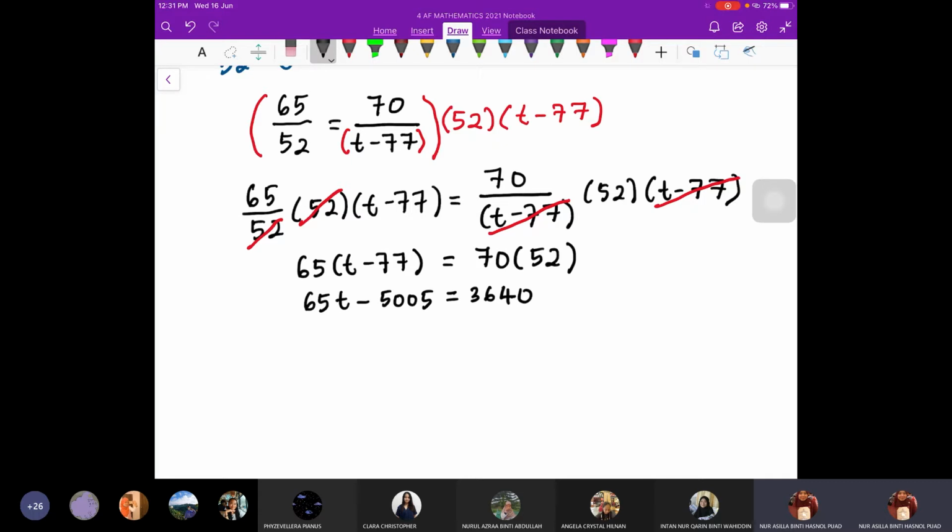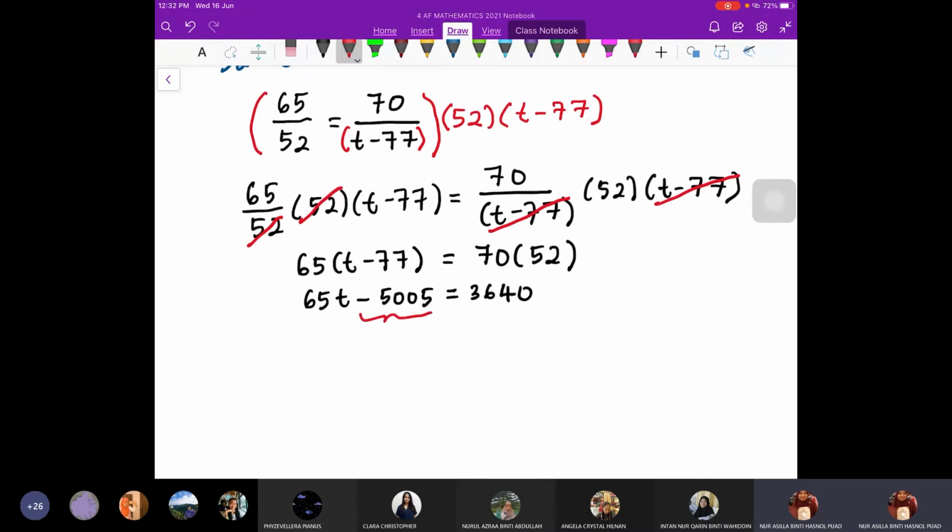Okay. So lepas tu saya nak t. So tolak, saya nak eliminate this one plus 5005. Sebelah kanan plus 5005. So you'll get 65t equals to 8645. And then to eliminate 65, kita divide dengan 65. Divide by 65.